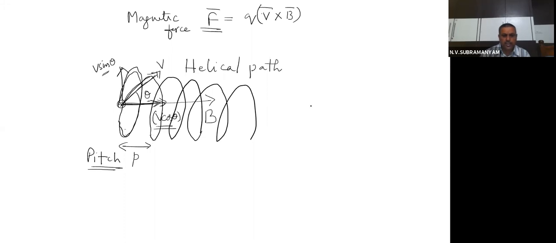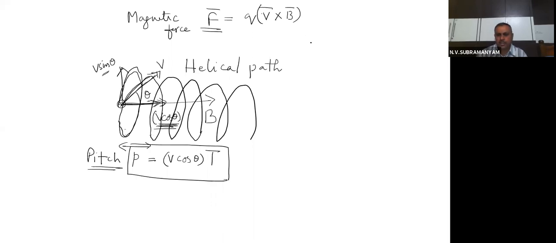If I say it is along the x-axis, then v cos theta is constant. Distance traveled is velocity into time. So pitch is the velocity along the x-axis, v cos theta, into the time taken for completing one turn, which is the time period. Pitch formula is v cos theta into capital T.